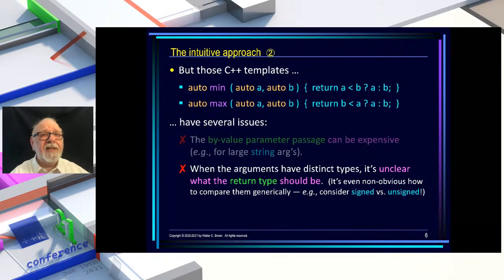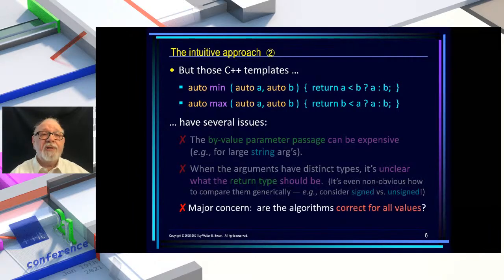And it's even not clear how I would do a generic comparison, even in a simple case like a signed versus an unsigned int. A simple less than just won't do the job. And of course, the major concern is always, are these algorithms correct for all values that are input?